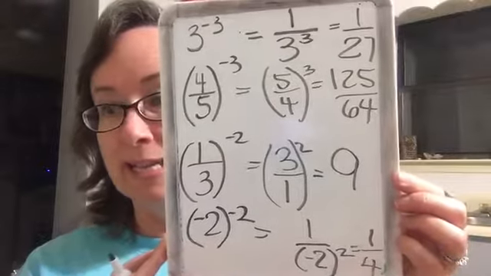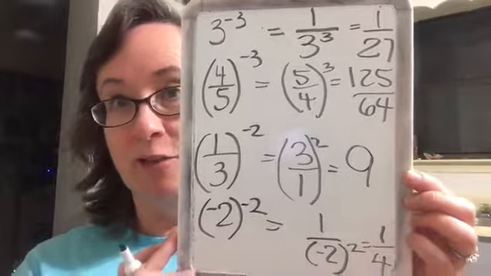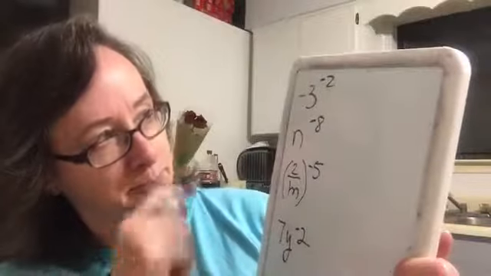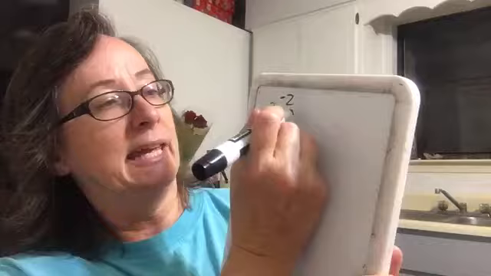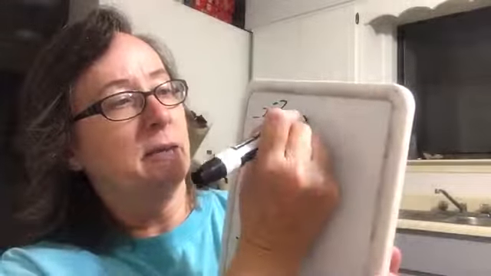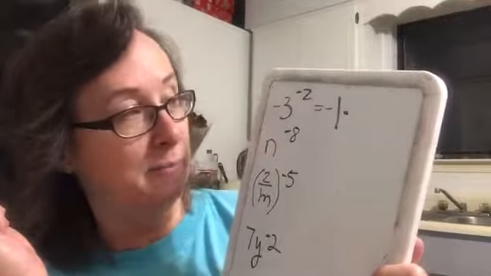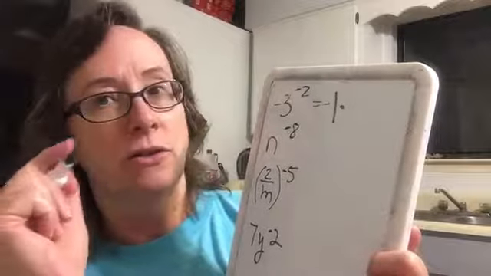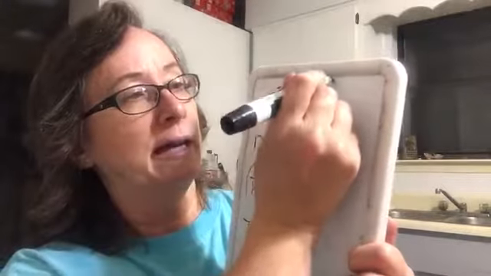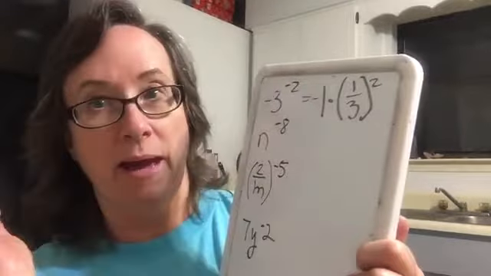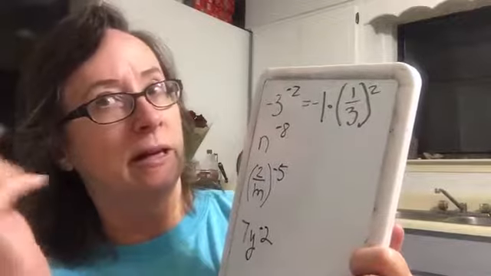So that's one set of examples for negative exponents. Now, another page. We're going to take the negative and pull it off to the front because it's negative 1 times 3, and 3 is the only thing that's raised to the negative 2 power. So the 3 is going to become 1/3 to the 2nd power, and the negative 1 is out in the front.